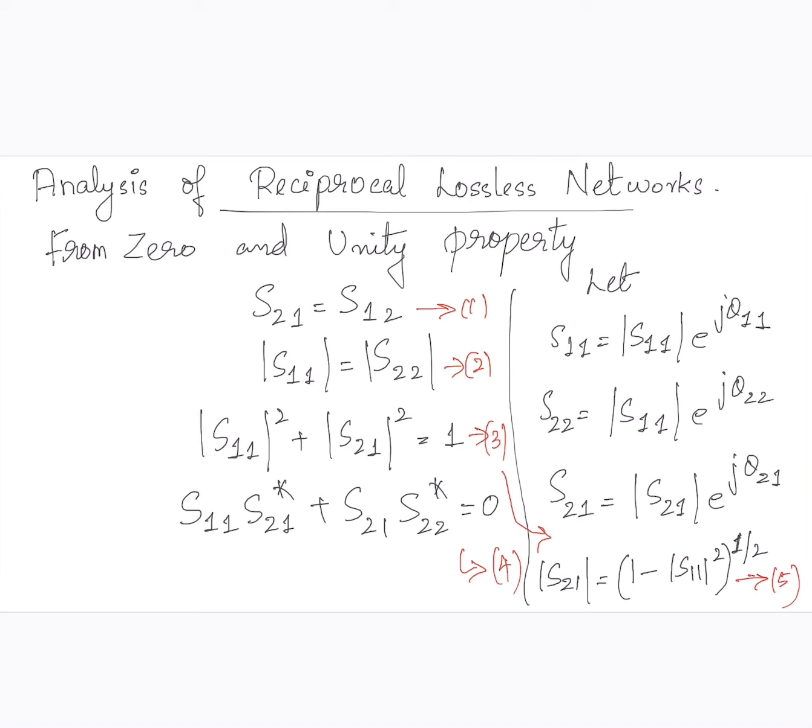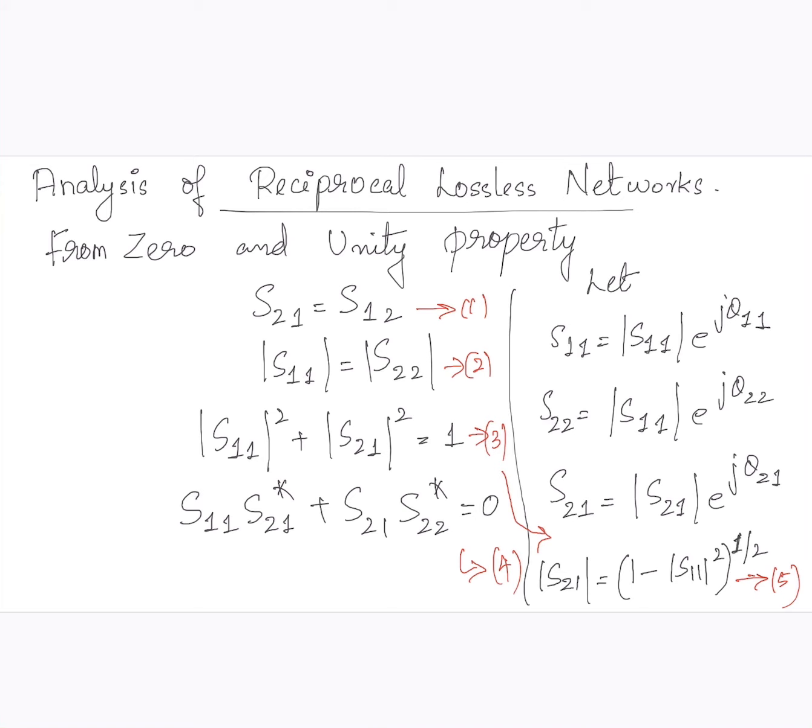So we can also write modulus of S11 is equal to modulus of S22. So S11 square plus S21 square will be equal to 1. So also we can write S11 into S21 conjugate plus S21 into S22 conjugate is equal to 0.